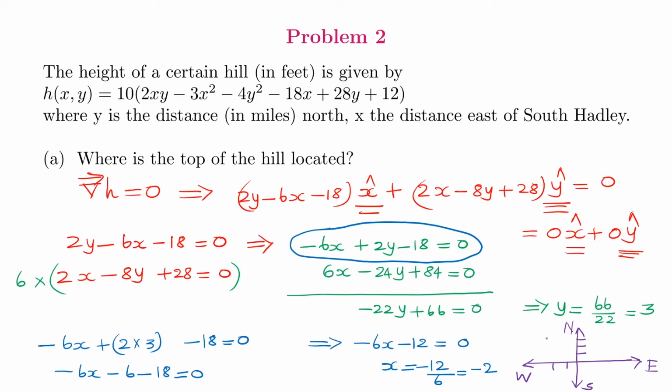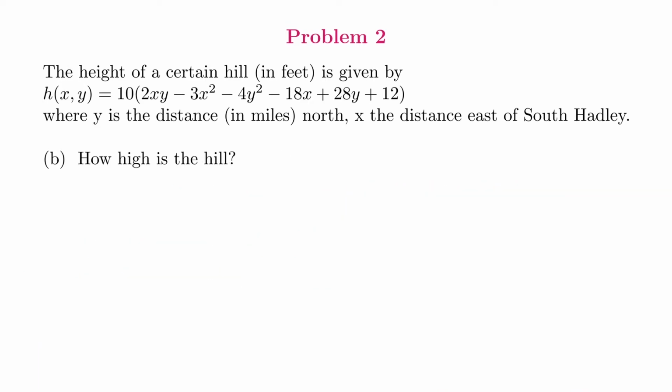And it will be somewhere here. That is 3 miles up and 2 miles towards the western direction. Now part B, how high is the hill? We have found out the location of the top of the hill, which is x equal to minus 2 miles and y equal to 3 miles.